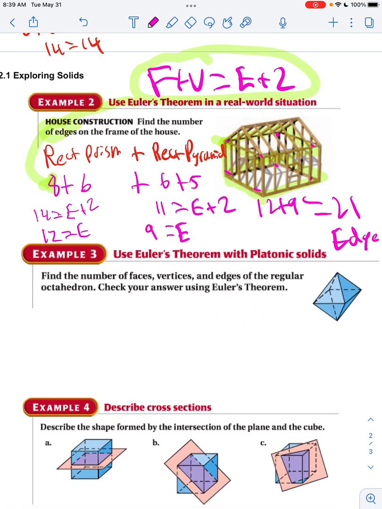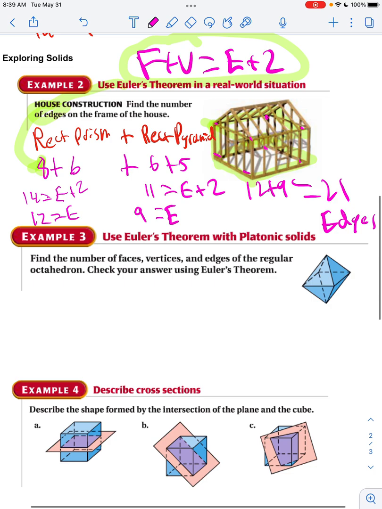Find the number of faces, vertices, and edges of the regular octahedron. Check your answer using Euler's theorem. So let's see here. Faces, vertices, edges. Just by counting 1, 2, 3, 4, 5, 6, 7, 8. That square in the middle does not count because it's on the inside.